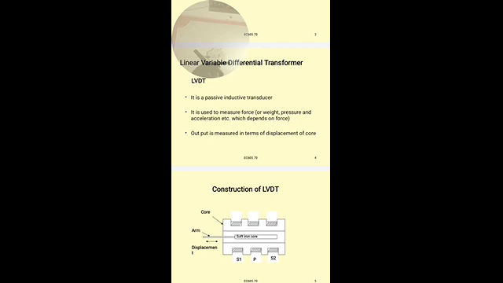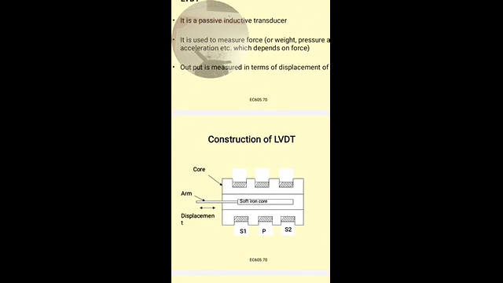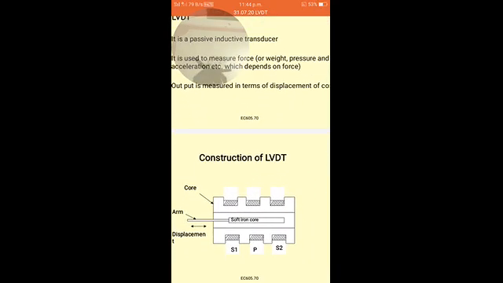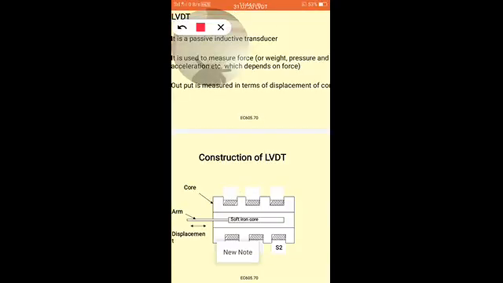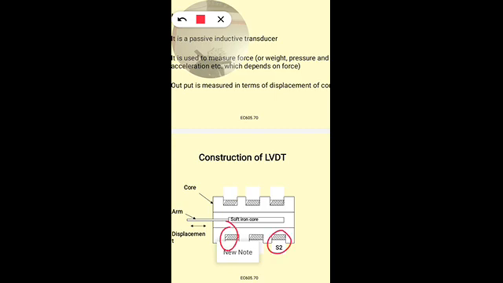It consists of a transformer with one primary and two secondary windings, coils, with a mobile core between them, like this figure here. One primary and two secondary windings. This is a primary winding. Two secondary windings and a mobile core.